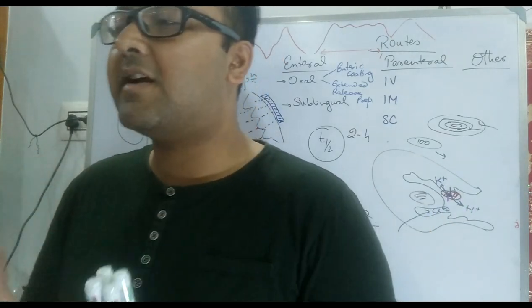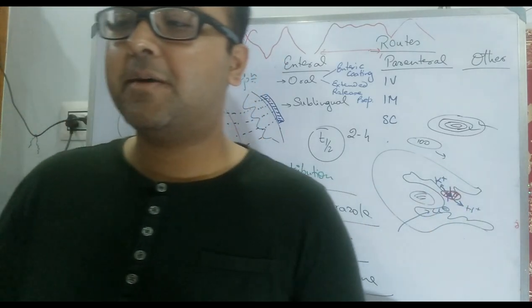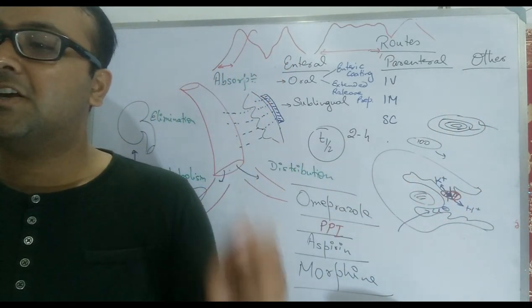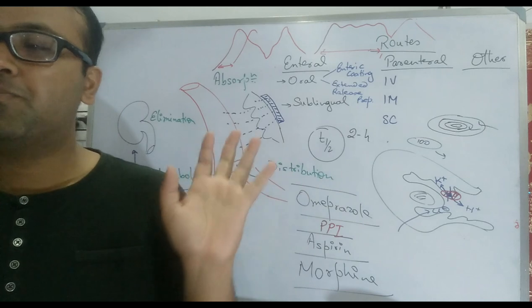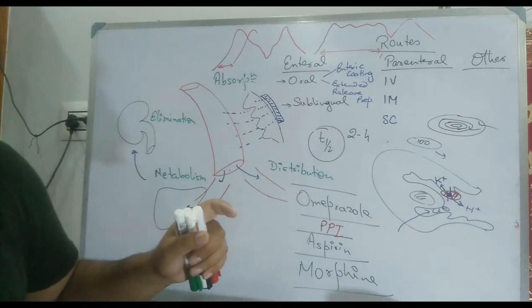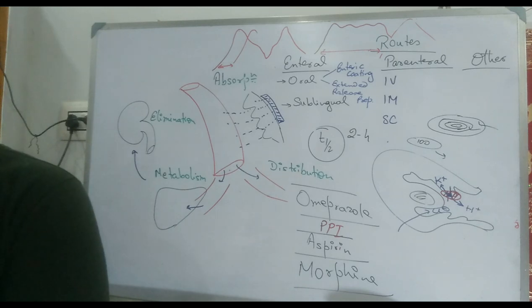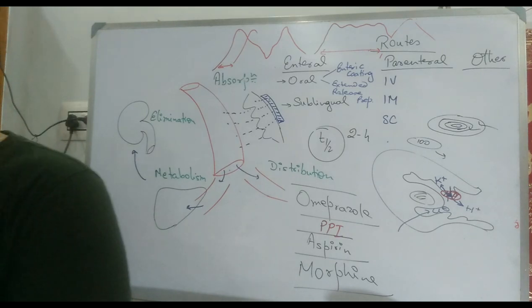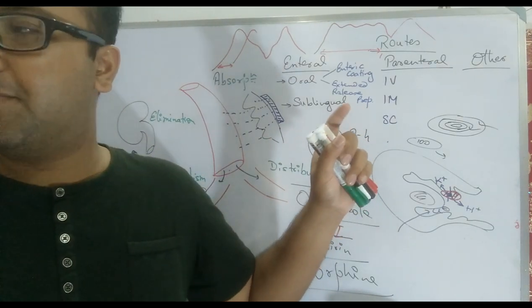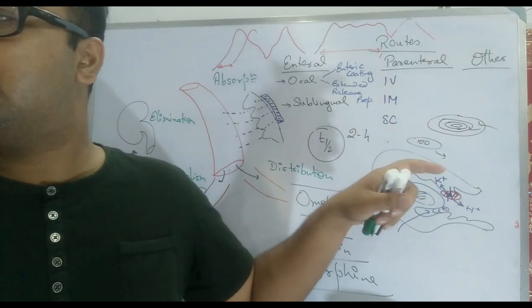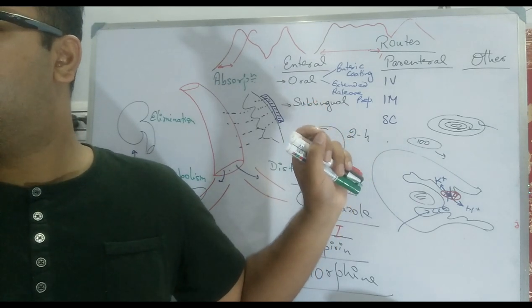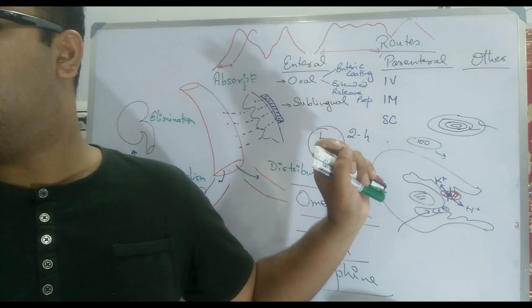So all these advantages which you had about parenteral, you are going to enjoy now, plus you are going to enjoy the advantage of the oral route. So that is why we sometimes go for the sublingual route. This drug doesn't need to go through those harsh acidic environments. Those things are not seen over here. So this is the good thing about sublingual.